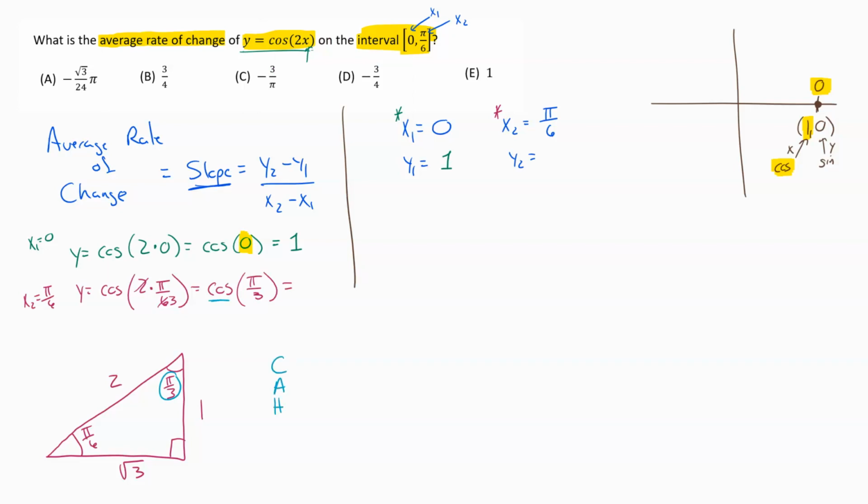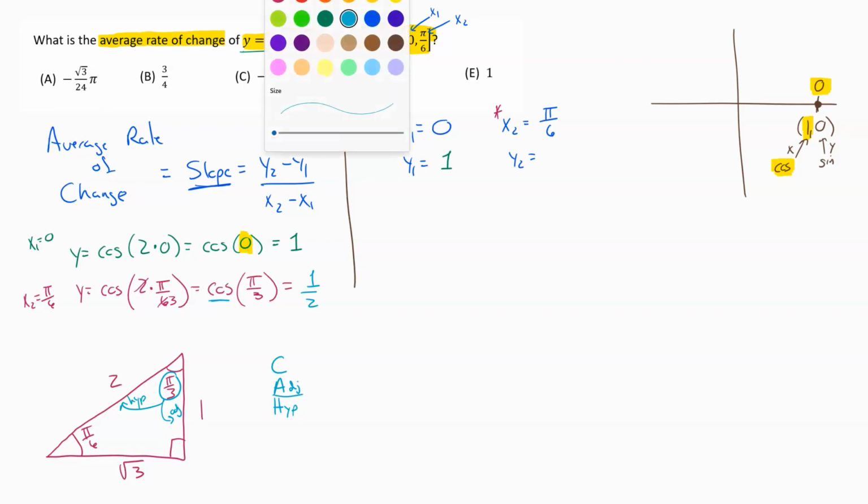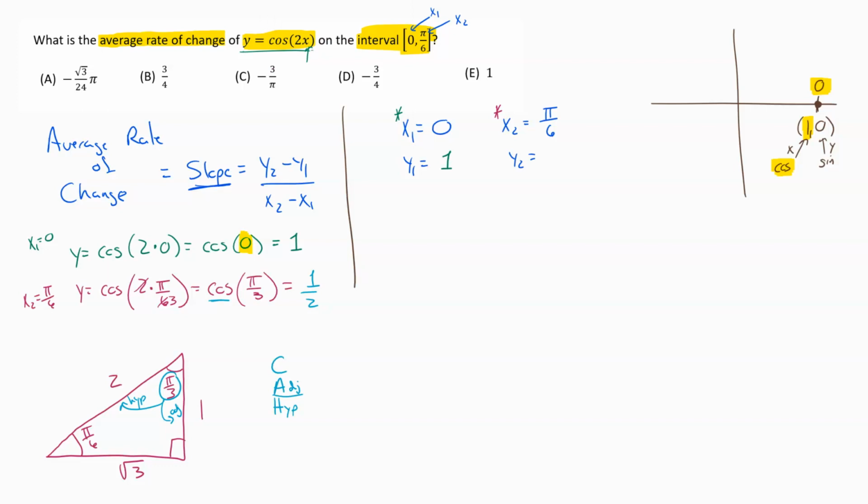So the CAH piece of SOHCAHTOA is our cosine, which is telling us that we're looking for the adjacent side over the hypotenuse. So from pi over 3, the adjacent side is 1, and then the hypotenuse is 2. So we get out of there, the cosine of pi over 3 is 1/2, and that's our y2 value. So 1/2 goes right here.